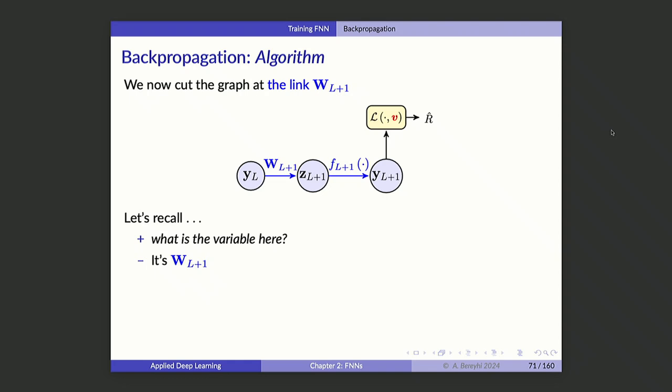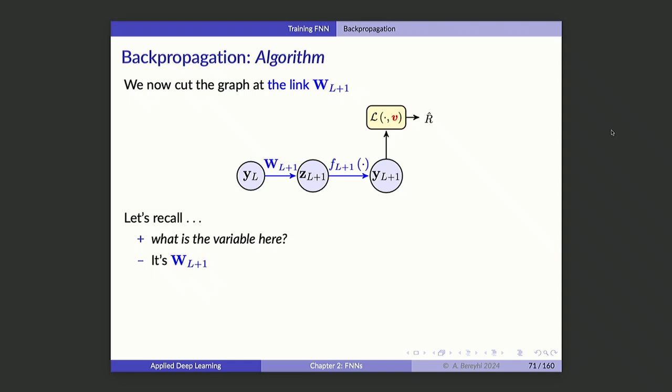Do we start here with the variable? We have done the forward pass, so we know everything. My question is, just look at this graph: if I tell you to compute the gradient of R hat with respect to W L plus 1, given the previous slides, do you feel this graph is right? No. What should I do? Swap the Y and W.